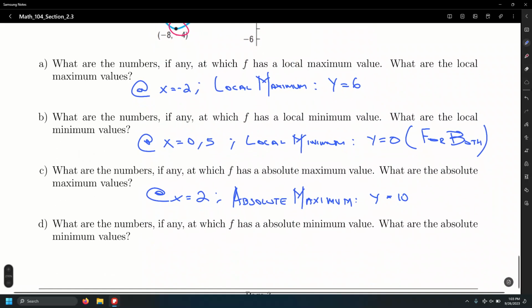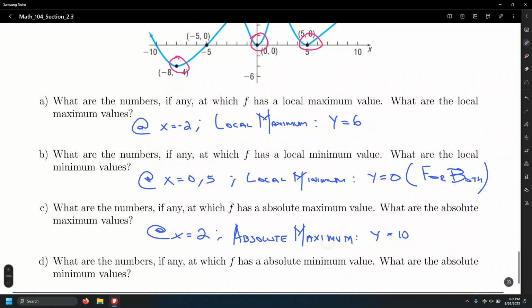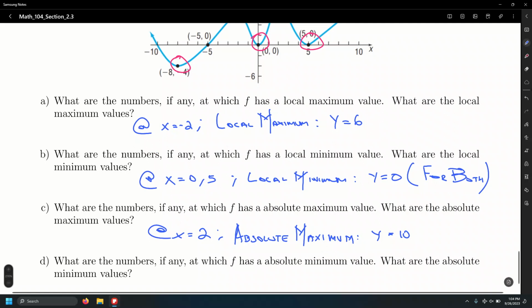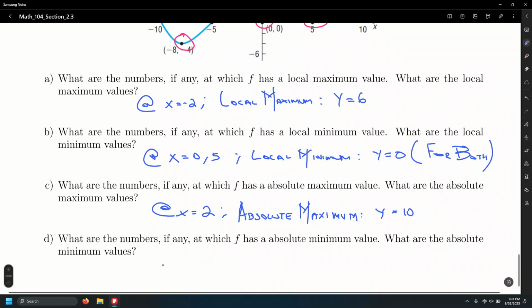And lastly, same for the absolute minimum. We already listed the two relative minimums. Now we need to list the absolute minimum. What value of x is going to give us the absolute minimum? Negative 8. At x equals negative 8, the absolute minimum is y equals negative 4.